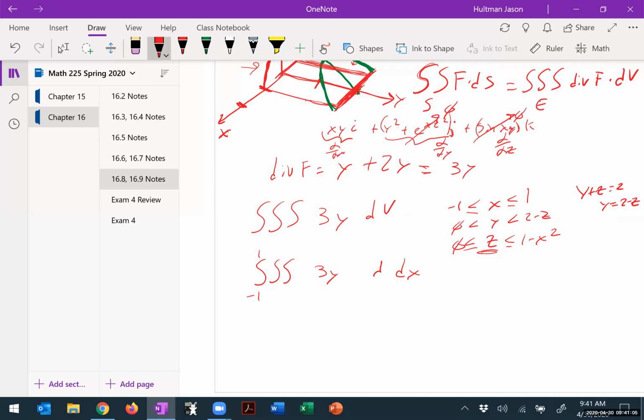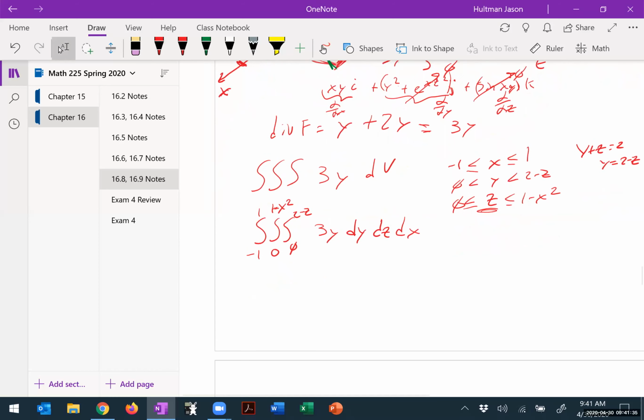So dz would be next to last, going 0 to 1 minus x squared, because I want to end up with something in terms of just x when I integrate that. What's that going to leave me doing first? My y, because that's in terms of my next variable, z. So y is going to be 0 to 2 minus z. So now we can integrate.